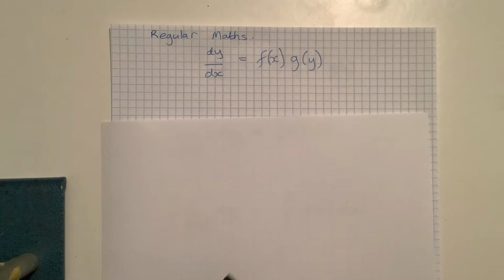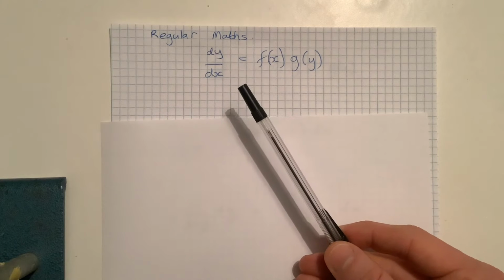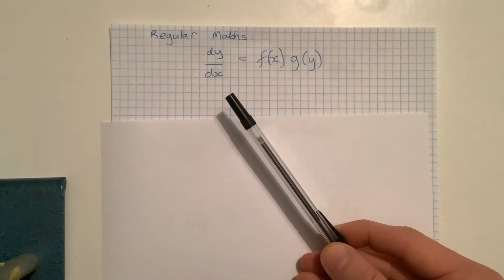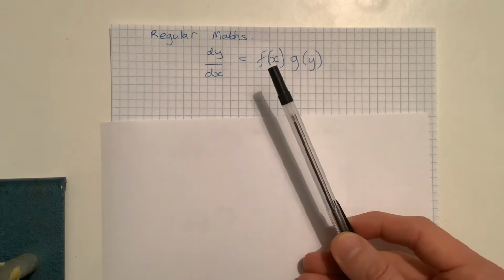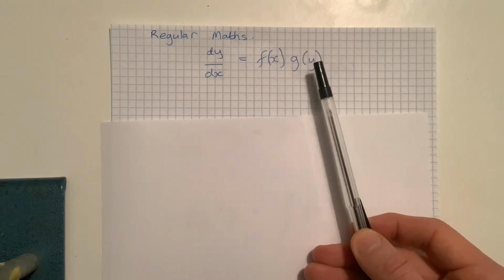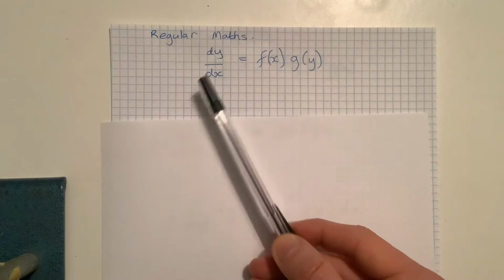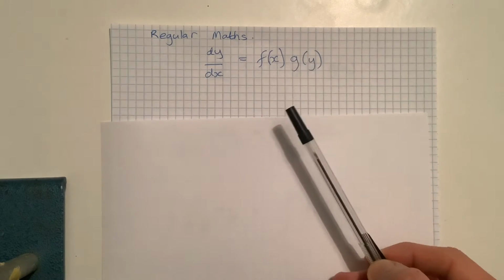Okay, in regular A-level maths, we saw how we could solve a differential equation as long as we were able to use a technique called separating the variables. In this case, we could separate the variables pretty easily because we can move the g of y function to the left-hand side, and we can move the dx over to the right-hand side.